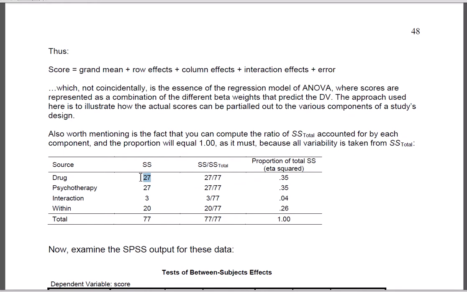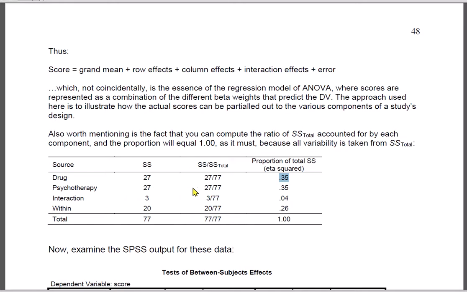So the drug effect, the row effect, has sum of squares of 27. If we take 27 divided by 77, we get a proportion of 0.35. In other words, the drug main effect is explaining 35% of what's going on inside this model.